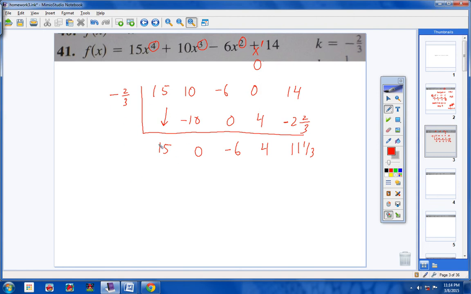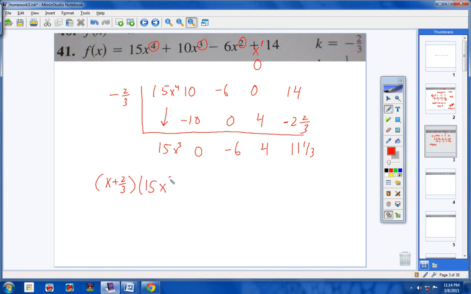Now, here's what they want you to do. They want you to write your answer in that form I showed you, where you take your divisor times your answer plus your remainder. So here we go. I use negative 2/3, so I'm going to put x plus 2/3. Then my 15 was x to the 4th, so this is x to the 3rd right here. So I'm going to put 15x to the 3rd.